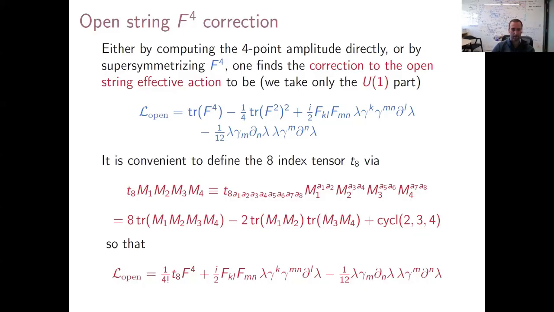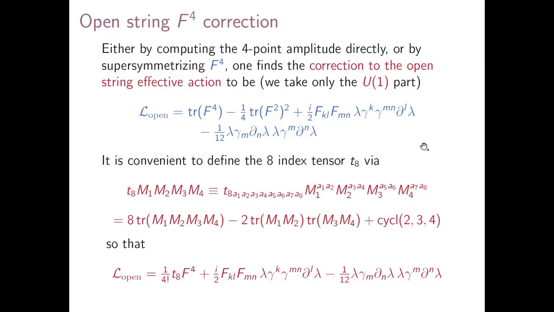I think it's a trace in Lorentz indices, but then there is another trace, the symmetrized one that I was talking about. Yeah, there's a trace over the gauge indices. But that's part of the reason I only wanted to write the U1 part, because it becomes more cumbersome to write. Oh, yes, your trace only means the Lorentz part. Yes, because I'm just looking at the U1 part of the gauge field here.